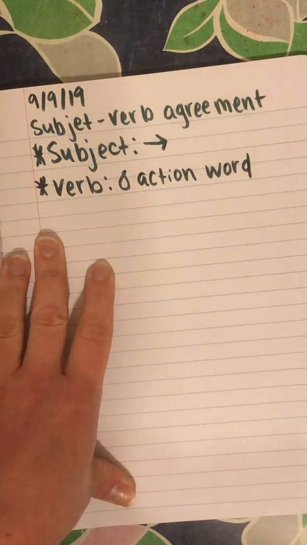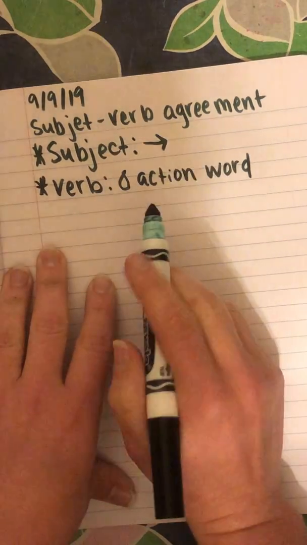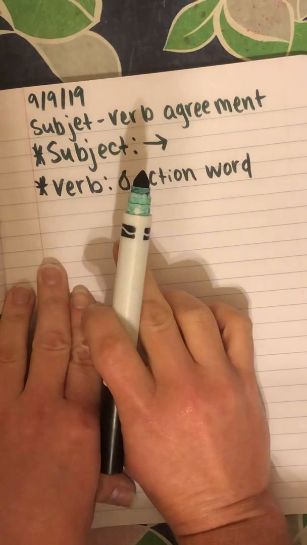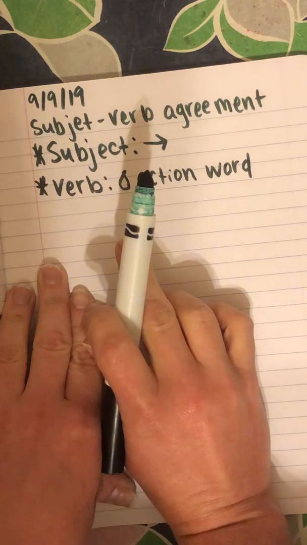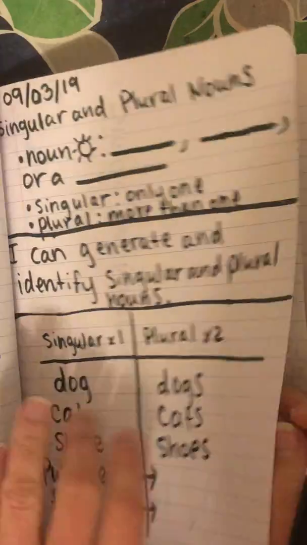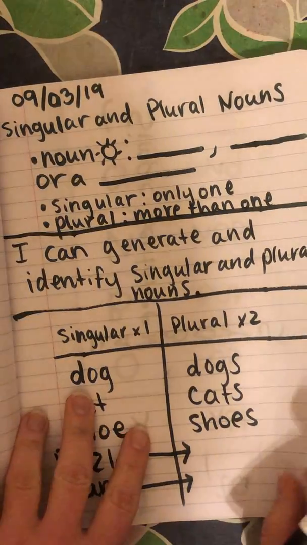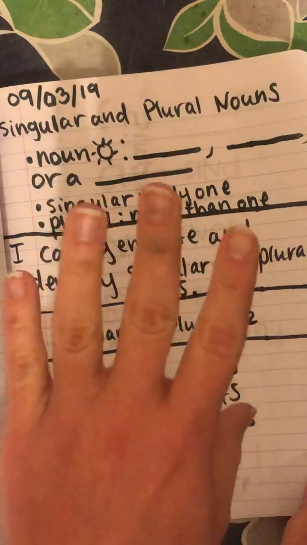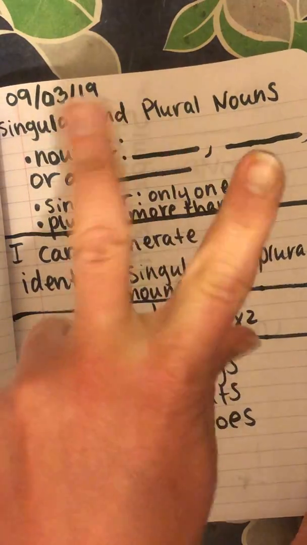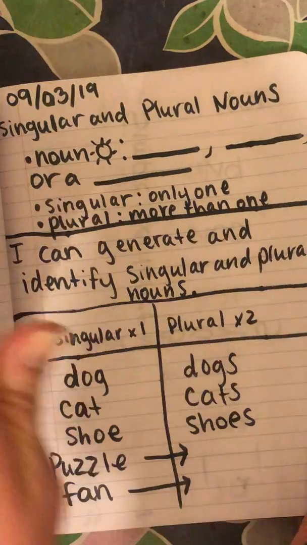Okay? All right. We went over what a singular noun and a plural noun were in the last video that we watched for revising and editing, and we've got those notes right here. I need you to remember that the subject and the noun are like this. You can't separate the two. The subject is the noun is the subject.